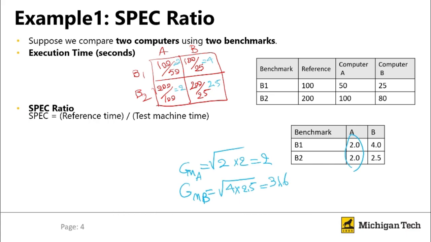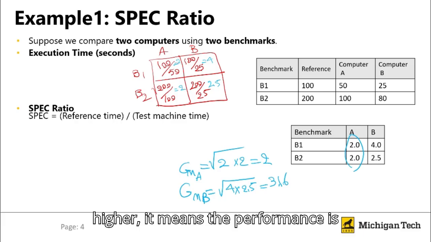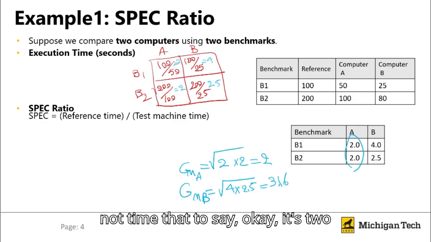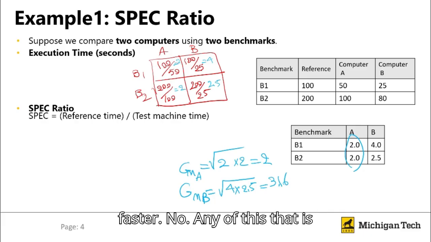So if this geometric mean is higher, it means the performance is higher. It's not time, where you say, okay, it's 2 seconds, for example, so this is faster. No. Any of these that is bigger shows faster, because they are ratios.